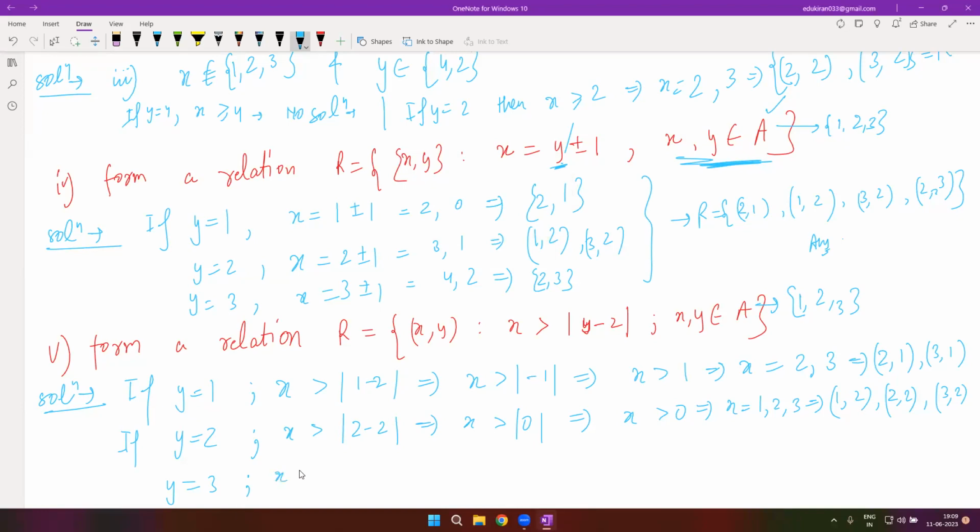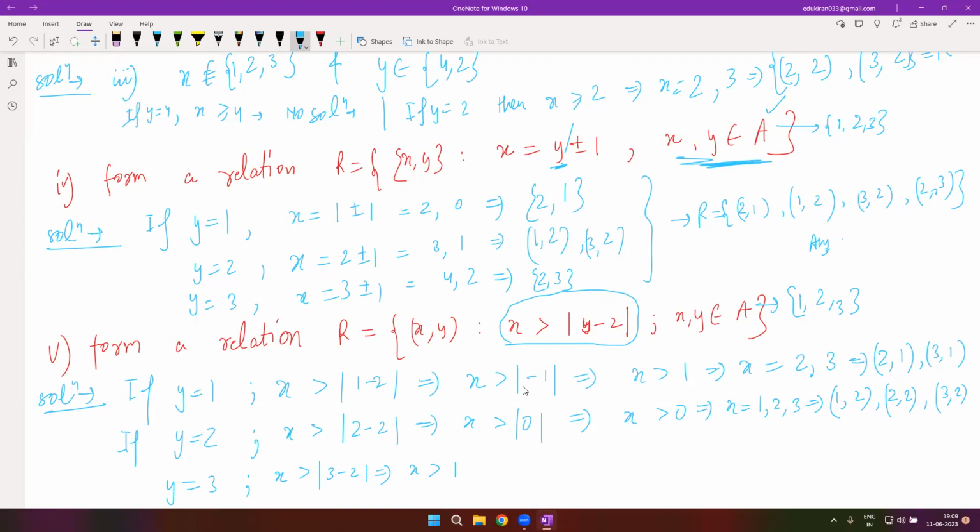Now, if y is 3, the equation becomes x greater than... we have this rule, right? We are applying the values in this rule. So if we put y equals 3, then 3 minus 2 is 1. And what is mod 1? Mod 1 is 1. Mod changes the sign if the value inside is negative, keeps it the same if the value inside is positive, and if it's 0, then it's 0.